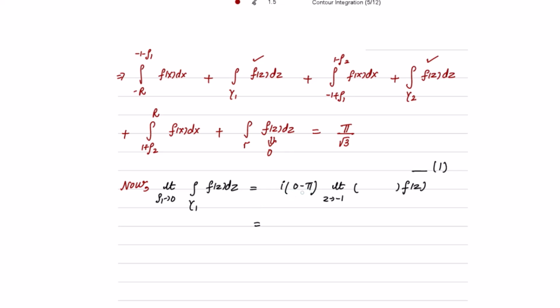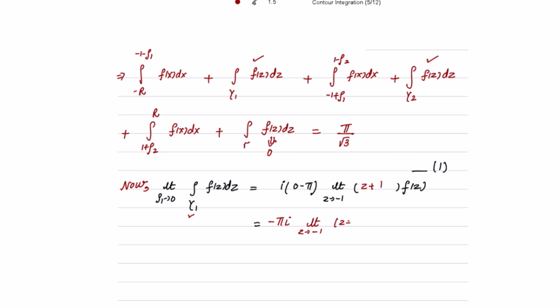Remember this: limit z tends to negative 1, because my semicircle γ1 is indented at the point z = −1. So limit z tends to −1 of (z − (−1)), that will be (z + 1), into f(z). So this is equal to negative πi, limit z tends to −1.